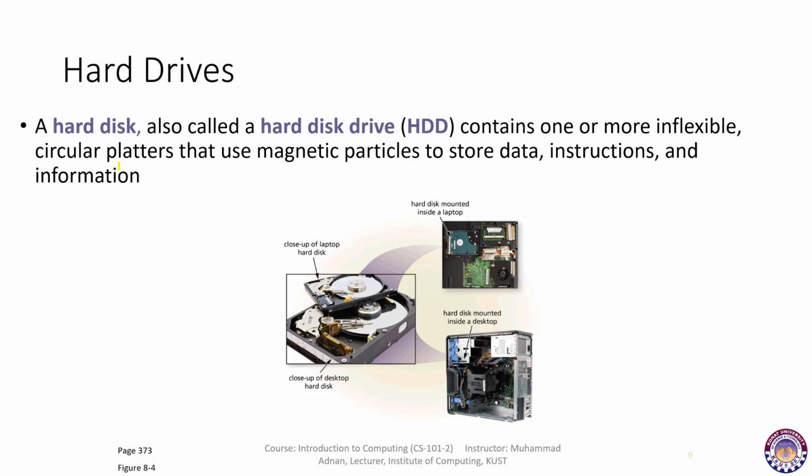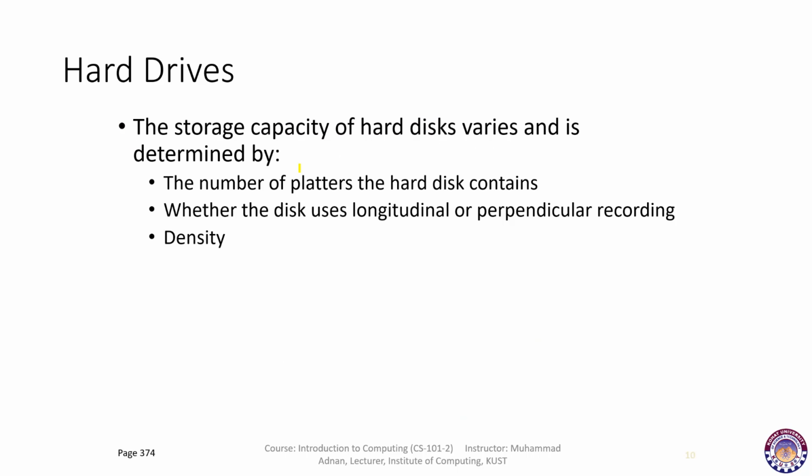Once again, a hard disk, also called hard disk drive, contains one or more inflexible, robust circular platters that use magnetic particles to store data, instructions, and information. The storage capacity of a hard disk varies, and it is determined by the number of platters the hard disk contains. You can have 2 platters, 3 platters, 4.